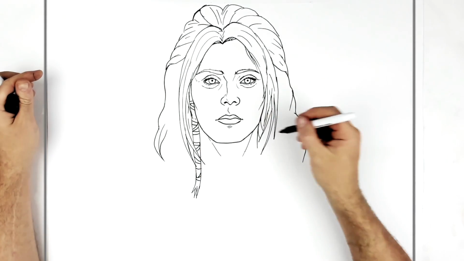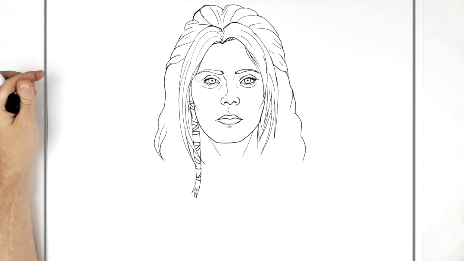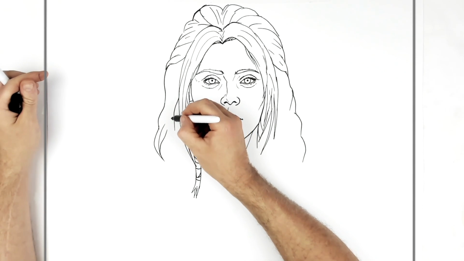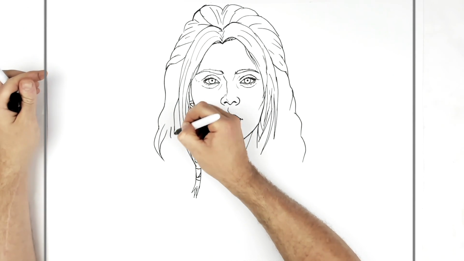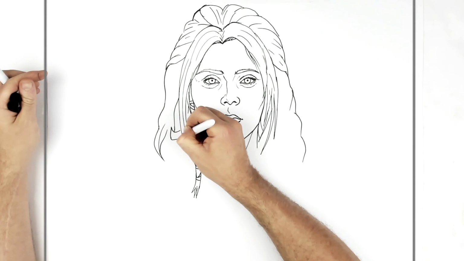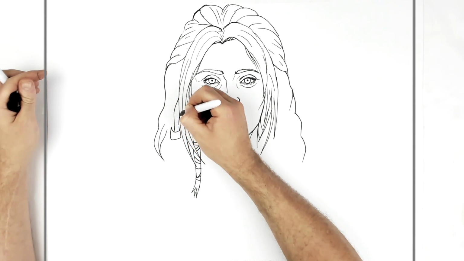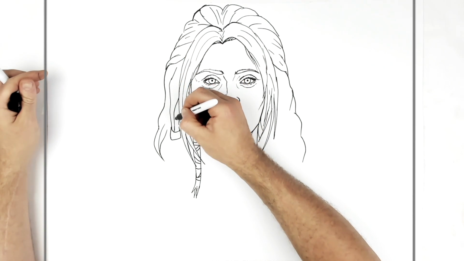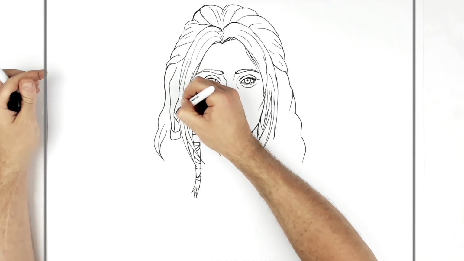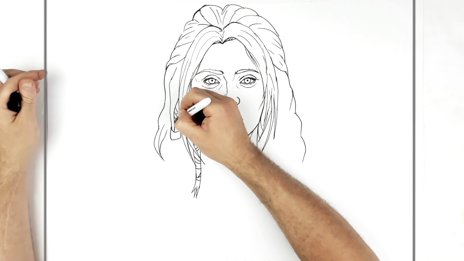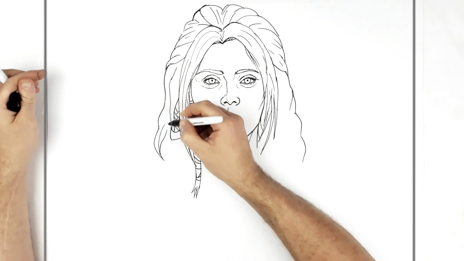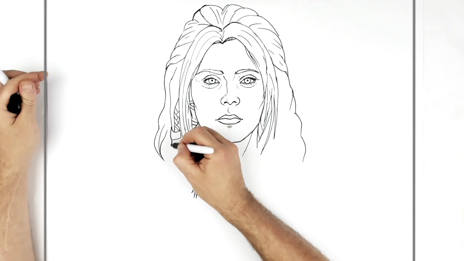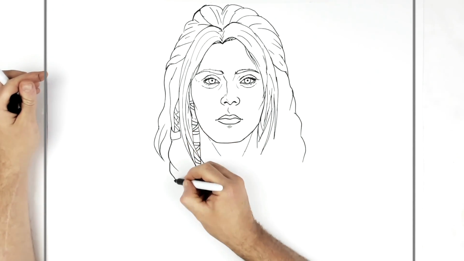Okay. And then dreads or something here, braided, wrapped in bandage, two of them. And then a loose braid going this way.